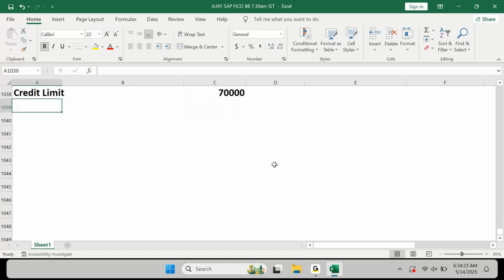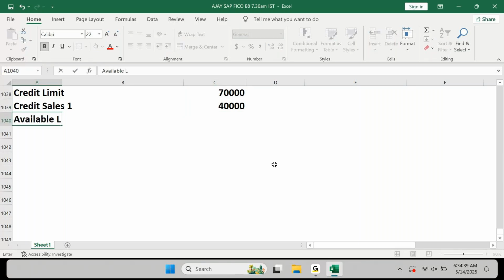Let's say I make credit sale 1 for 40,000. After this, what is my available limit? 30,000.